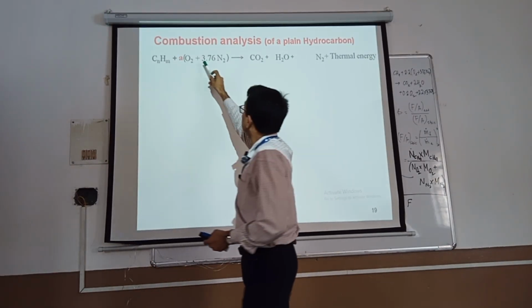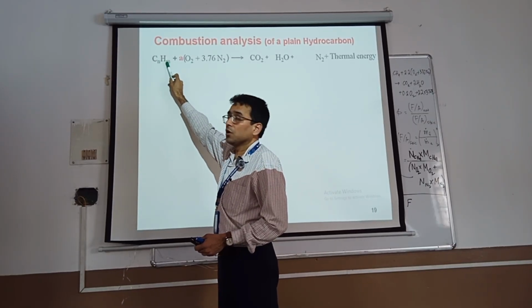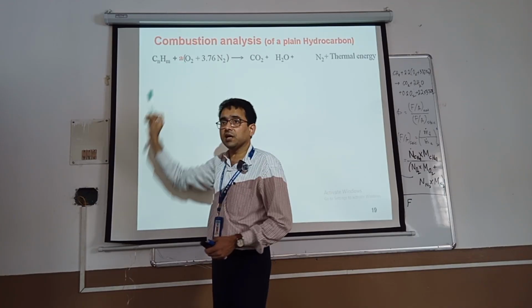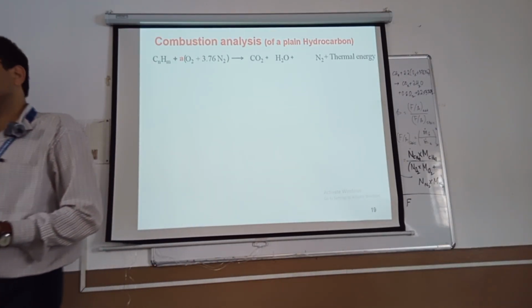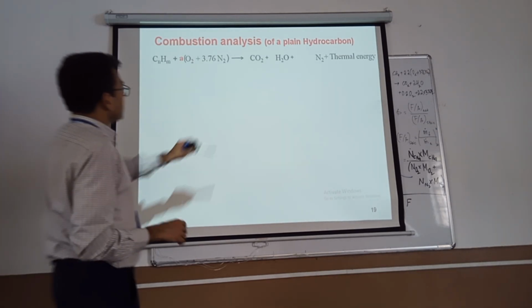In that case, the required oxygen will be less. So for CH4 there is some coefficient, and for CH3OH the coefficient will be less, because some oxygen is already there in the compound or the hydrocarbon itself. So that oxygen will be absorbed from the hydrocarbon, that is the fuel. The idea of complete combustion is that there will not be any excess oxygen in the products. Clear? So that is the complete reaction.